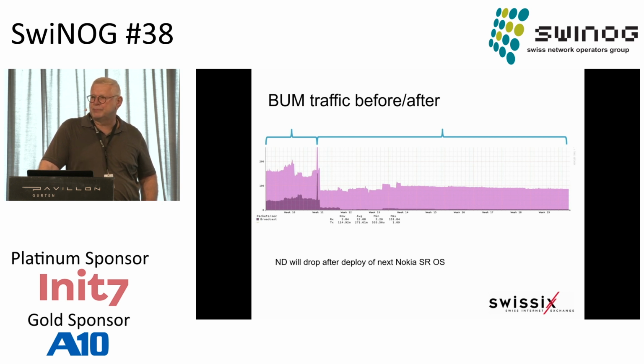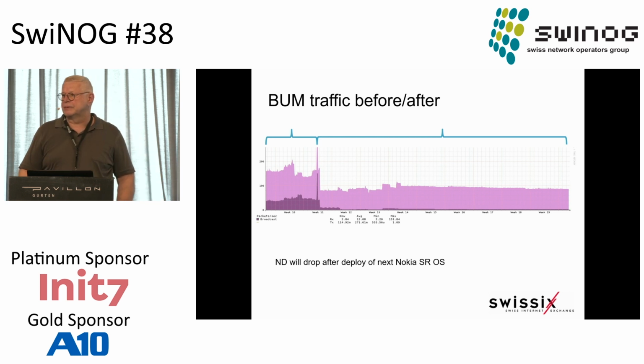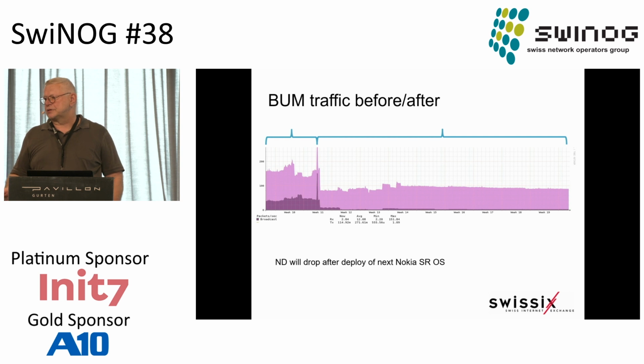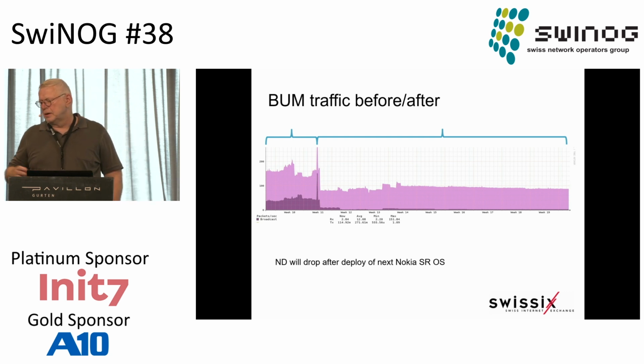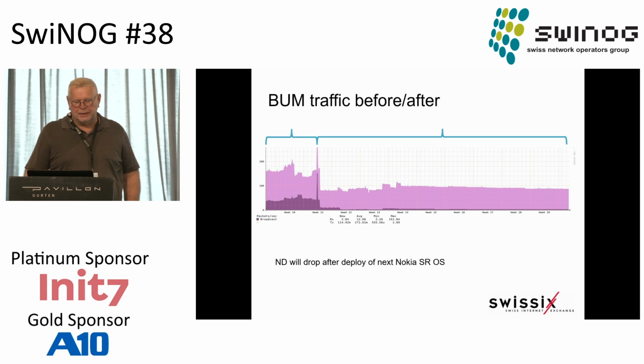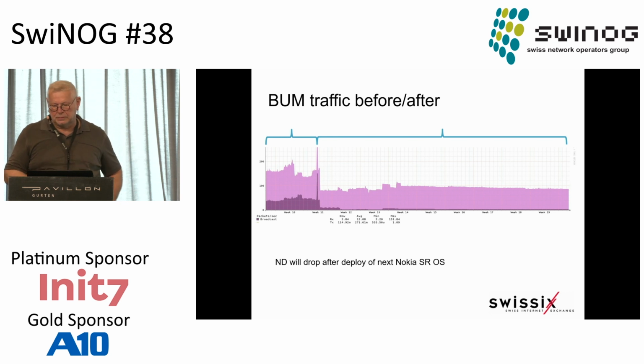So with the EVPN, what was also introduced is a proxy agent for IPv4 and IPv6. The agent sits already on the edge device, and there is a table with IP address and MAC binding, and the device already answers all of the traffic.